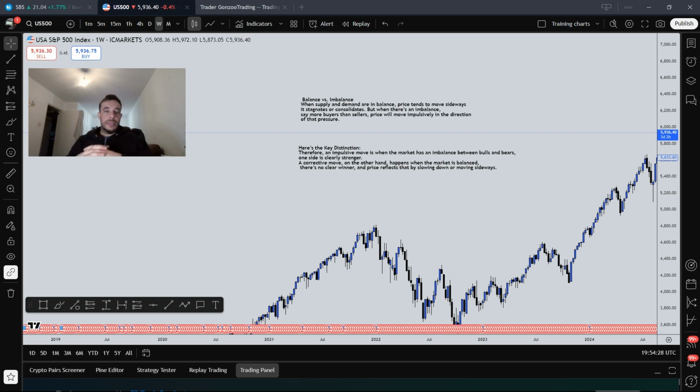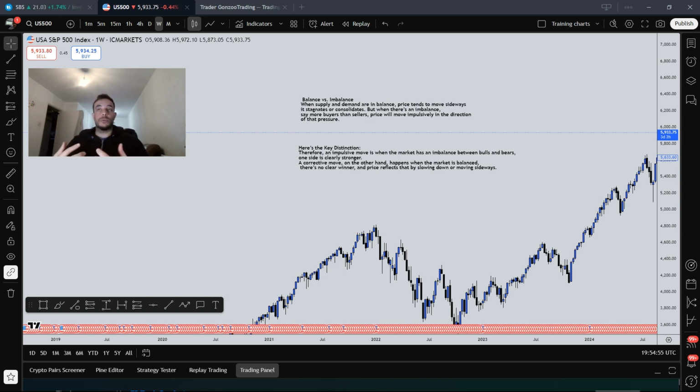So, the market is basically a battlefield where there's a constant fight between buyers and sellers, or as we like to call them, bulls and bears. As traders, we're essentially trying to read the footprints of the speculators, because we want to identify where the impulsive moves are going to be created.